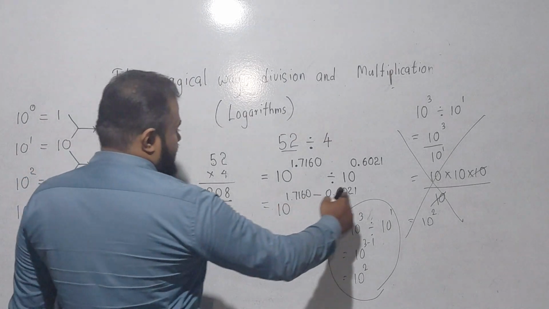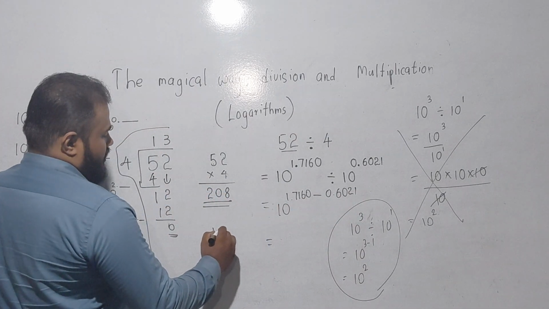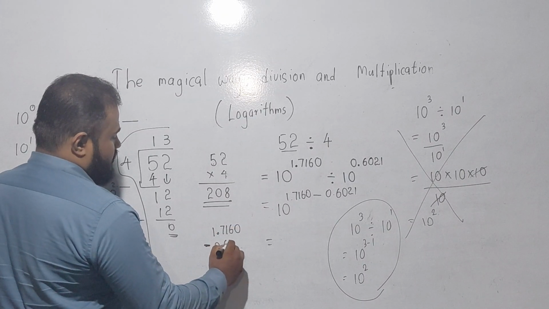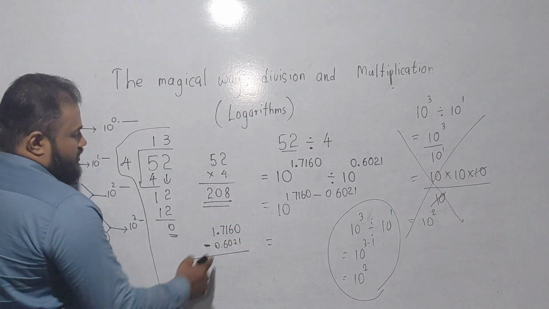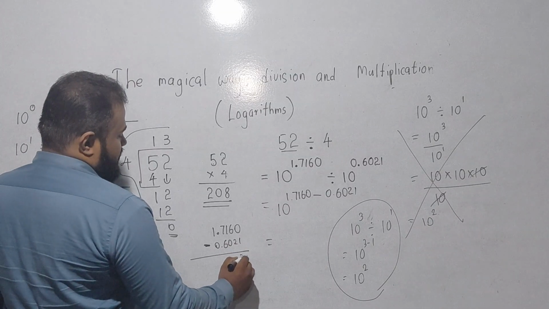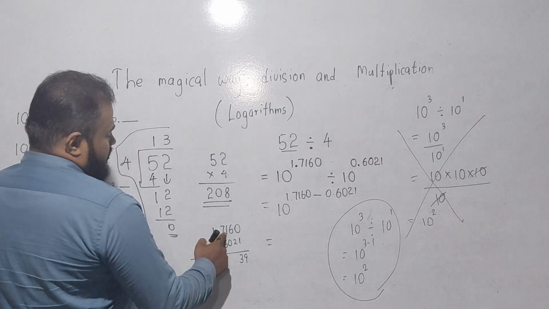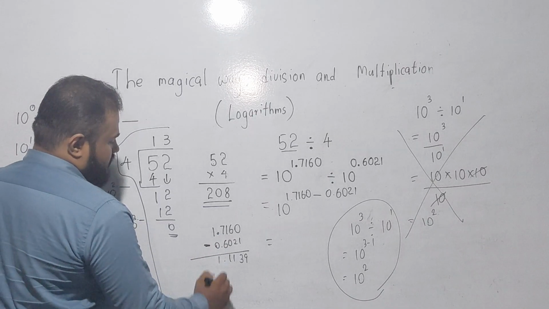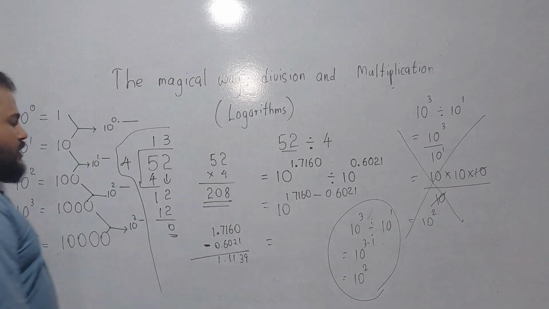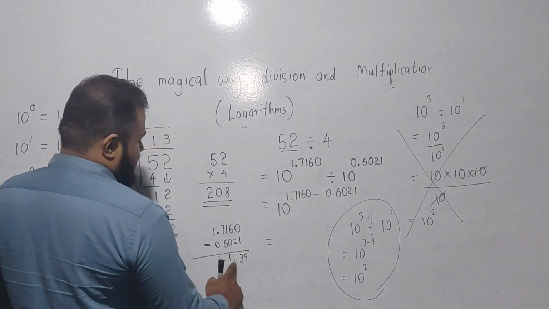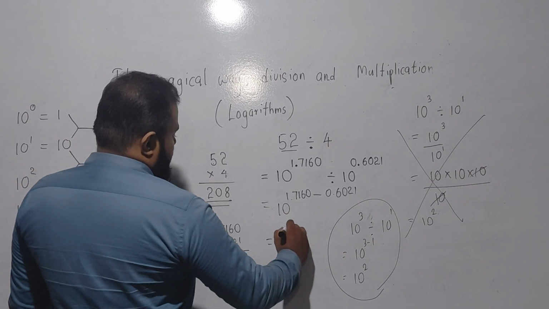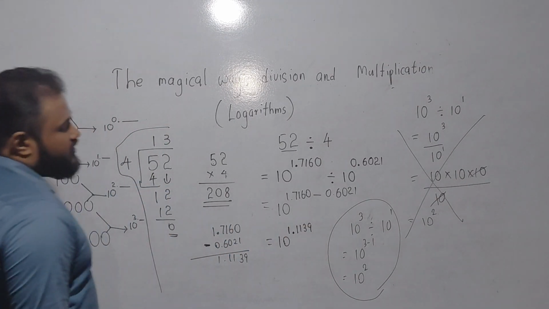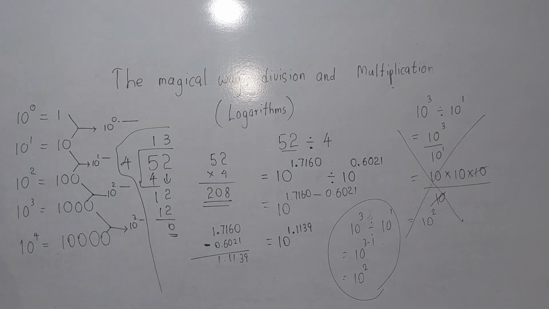Now we have to subtract these two values. 1.7160 minus 0.6021. 60 minus 21, 39. 71 minus 60, 7. 1 minus 0, 1. It gave us 1.1139. 10 to the power 1.1139 was the answer it gave us.